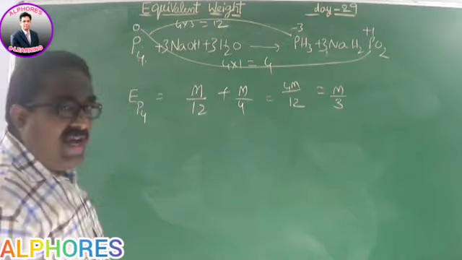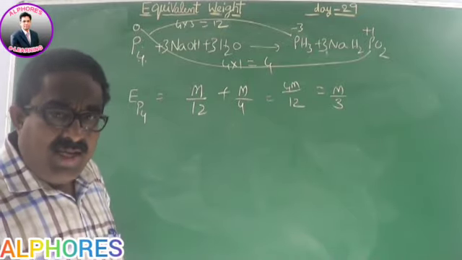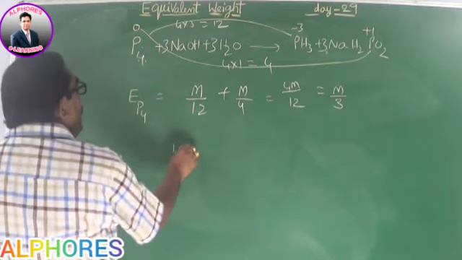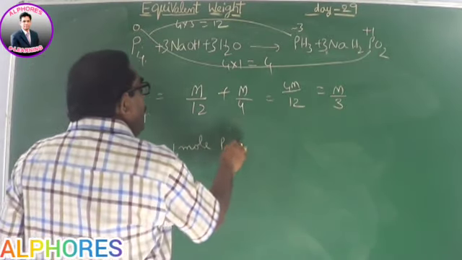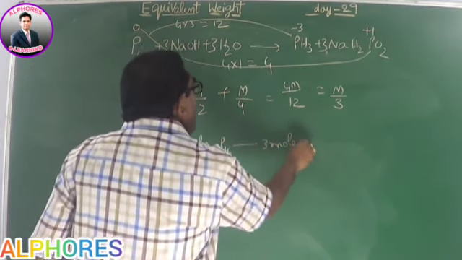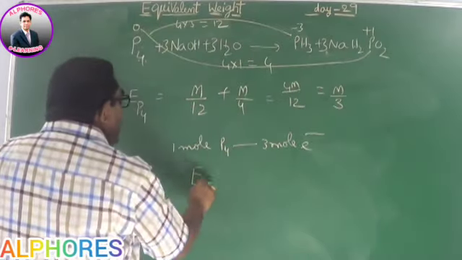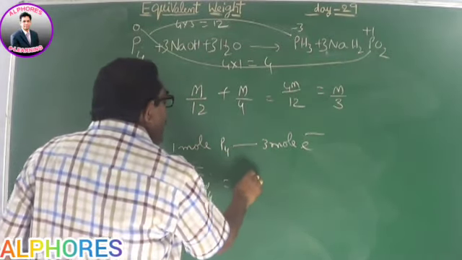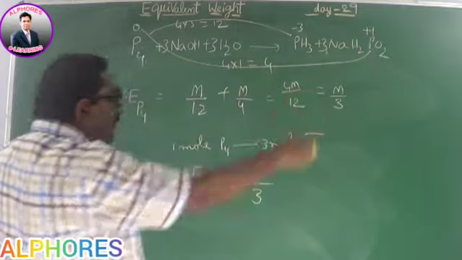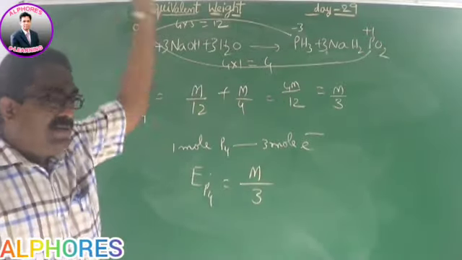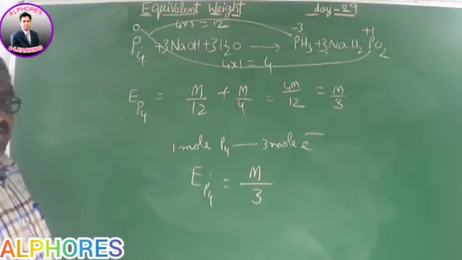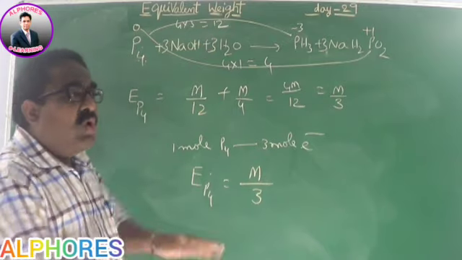So either of the ways, the change is 3. So for 1 mole of P4, the change is 3 moles of electrons. Simply, the equivalent mass of P4 is equal to the formula mass divided by the number of electrons changed per 1 mole, that is M by 3. Both are the same. No difference.